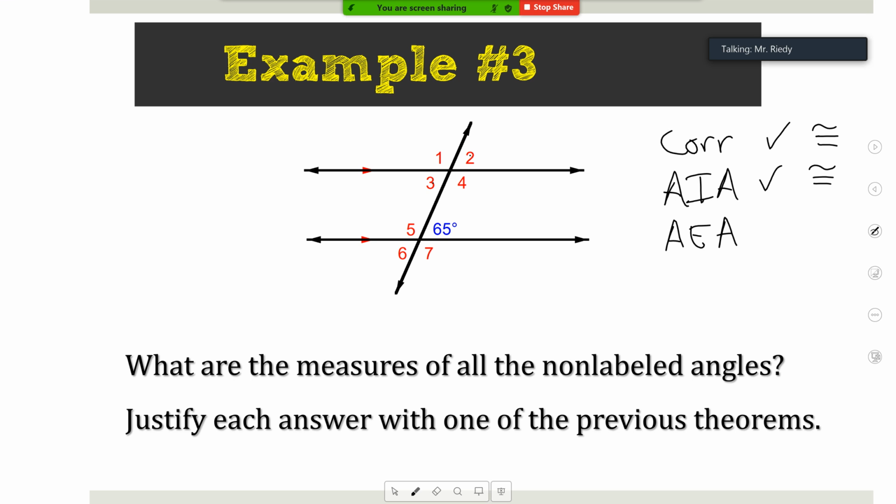What's the relationship between alternate exterior angles? Without actually showing you the theorem. They're supplementary. Good. Why, Emma? Or hold on, let's back up. Not why. Which 2 angles in this picture are alternate exterior angles?